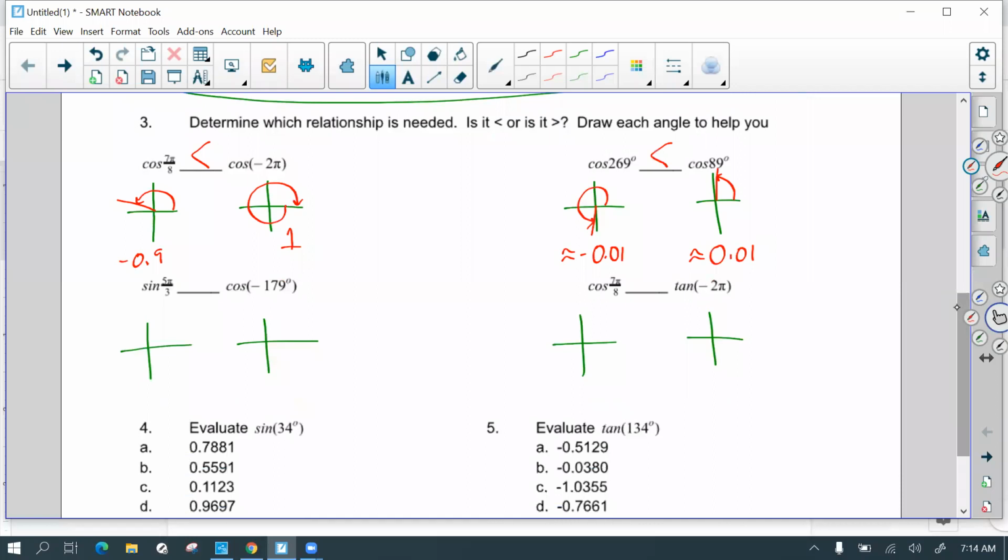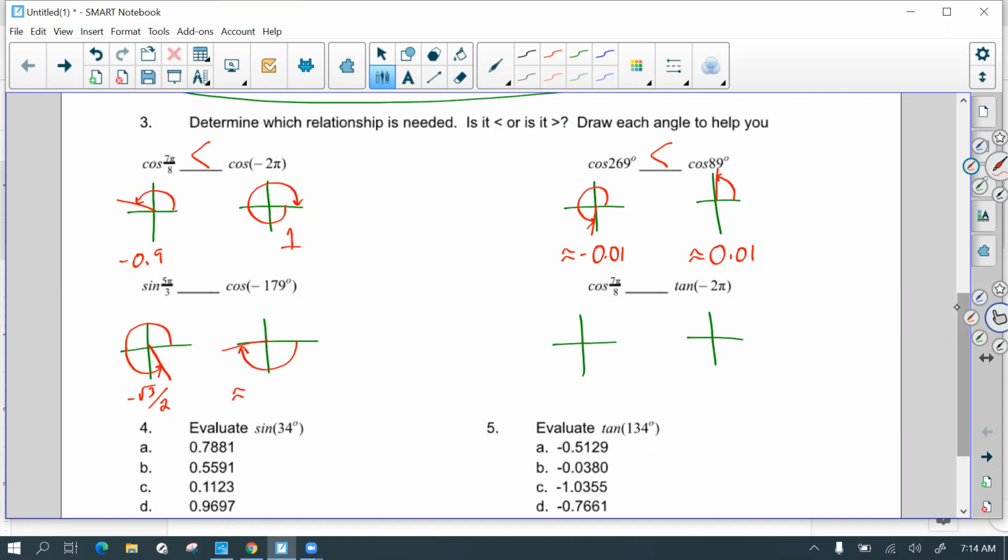On the bottom left, 5 pi over 3. Well, there's 3 pi over 3. I need to go 2 pi over 3 more. So that puts me into the fourth quadrant. And we know this value exactly. This is exactly negative rad 3 over 2. Negative 179 is 1 degree away from negative 180.